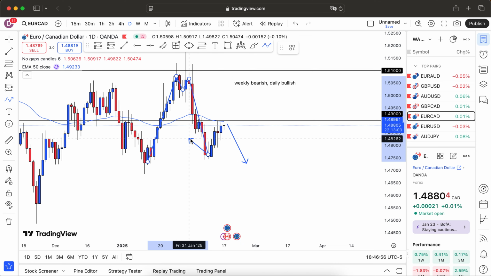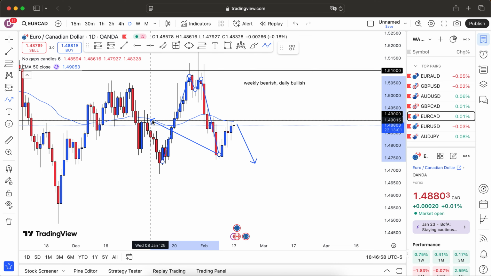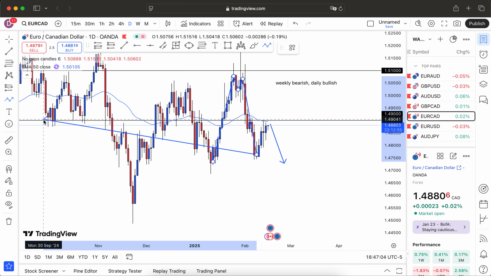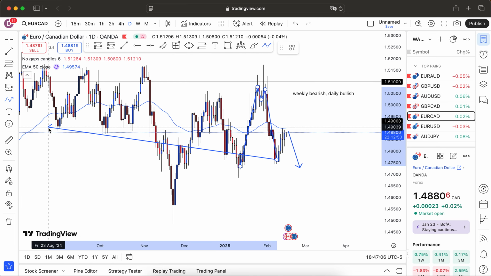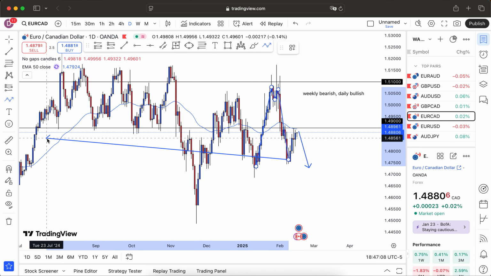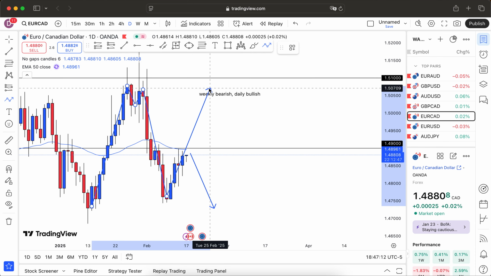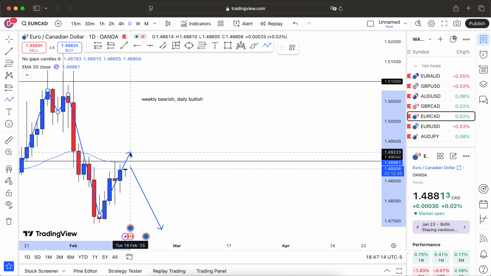As you guys can see, the 149 has been a great level of resistance, support, support, resistance, support, support, right? Support, support, and resistance, right? So 149 is a prime level of resistance as well here.